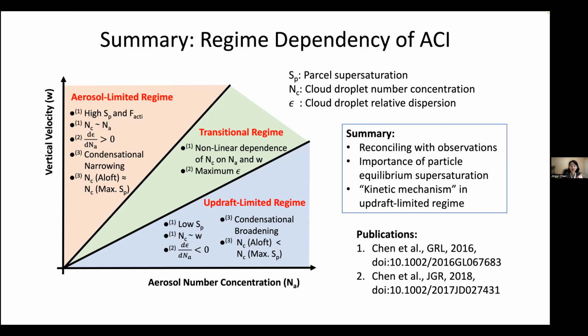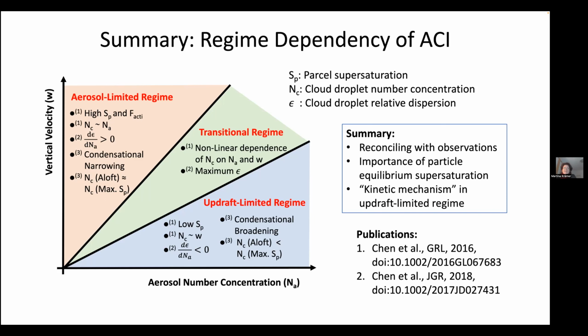If we change the vertical velocity, the number concentration changes a lot. And in the aerosol limited regime, if there are not many aerosols, then not many cloud droplets can appear, even if the updraft is high. Then the cloud droplet number concentration changes more with the aerosol number concentration. It's more sensitive to the aerosol number concentration.